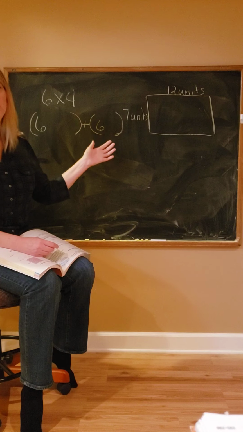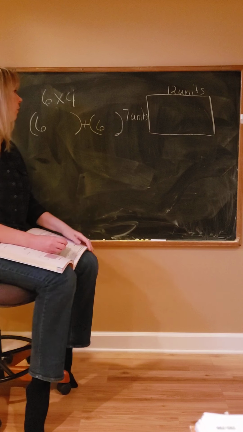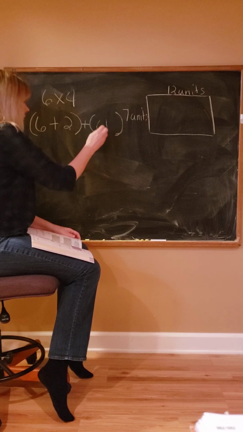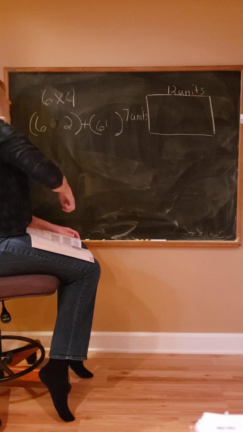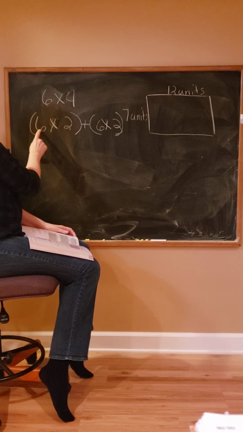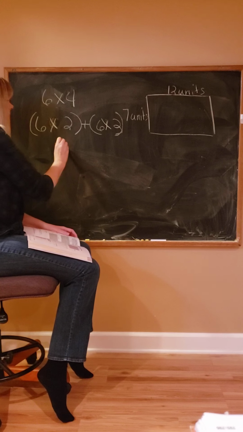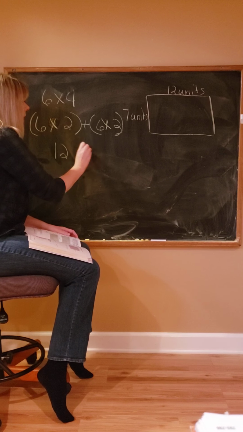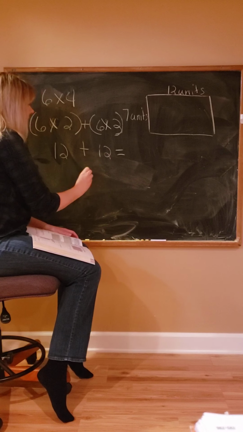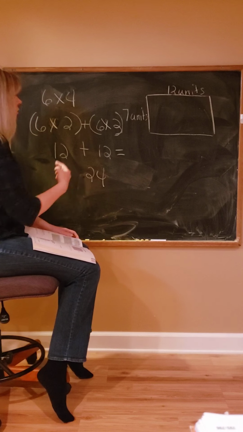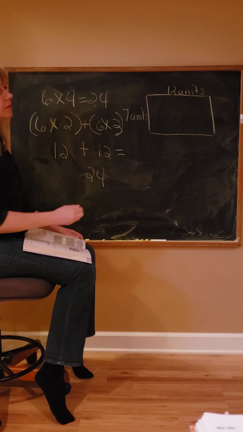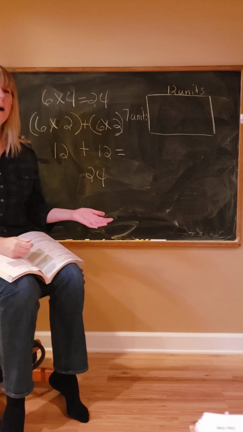That's pretty simple: 2 plus 2 is 4. So we're going to say 6 times 2 is 12, plus 6 times 2 is 12, and if you add these together, it's going to give me 24. So that's the answer to 6 times 4 using the distributive property.